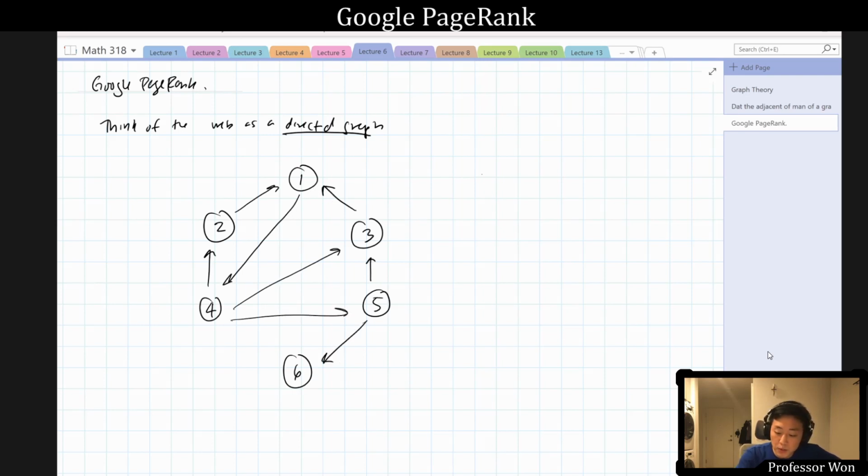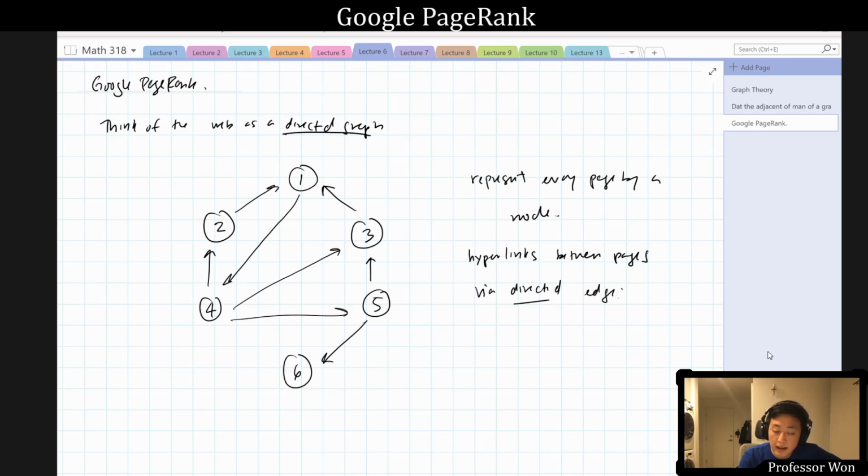What we'll do is represent every page by a node, and we'll represent hyperlinks between pages via directed edges. Right? Because hyperlinks by nature are directed.